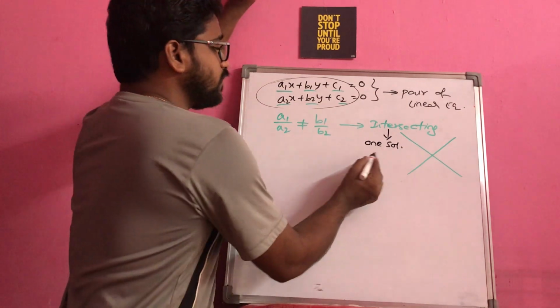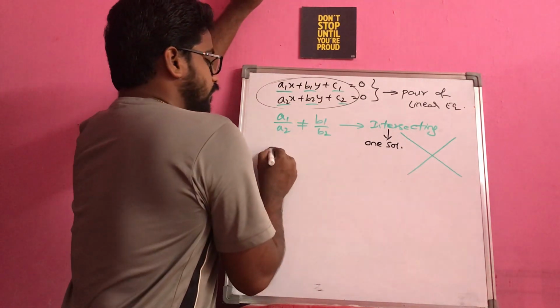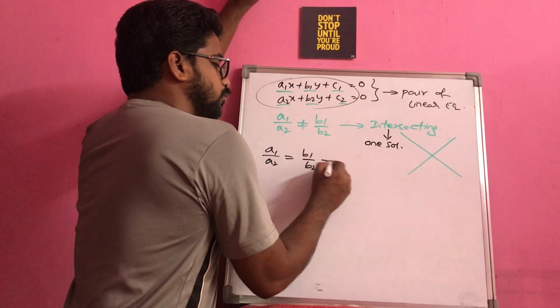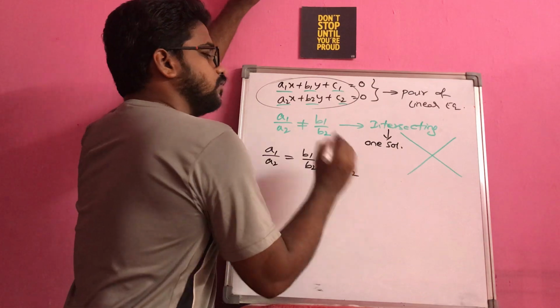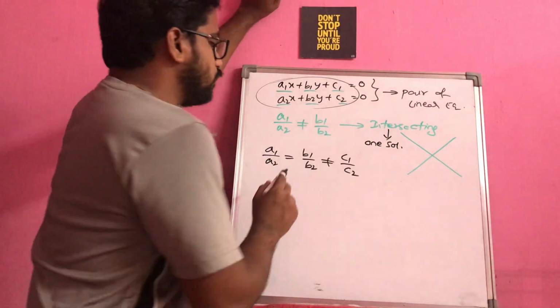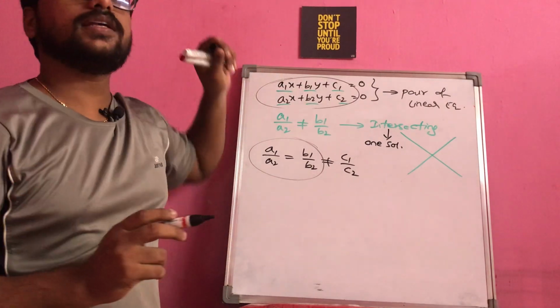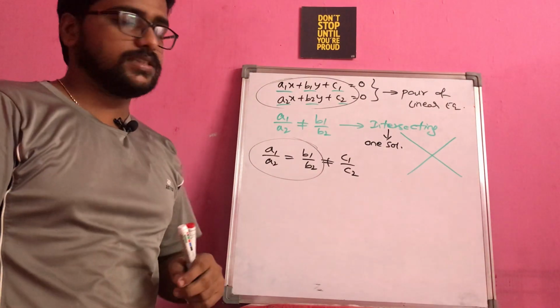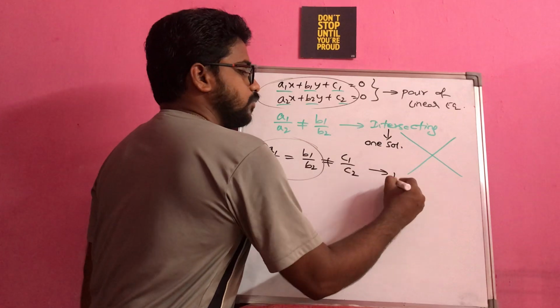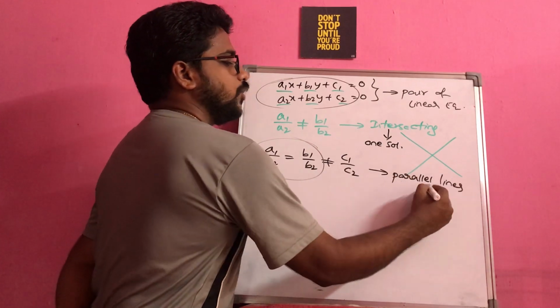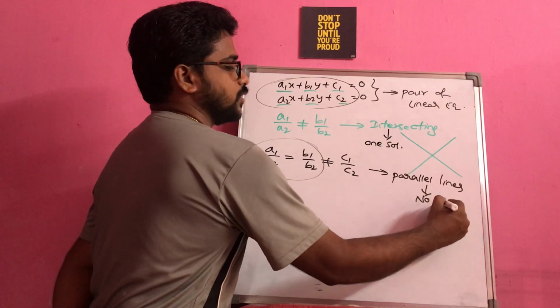Coming to the next one, if the ratio a1 by a2 is equal to b1 by b2, but not equal to c1 by c2, that means the ratio of the coefficients of x and y is the same but not equal to the constant ratio. In this case you call them parallel lines, and for these you don't have any solution. Why?